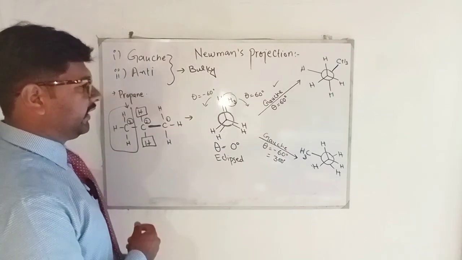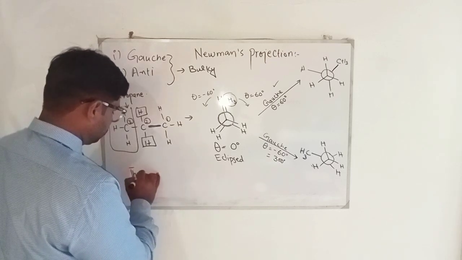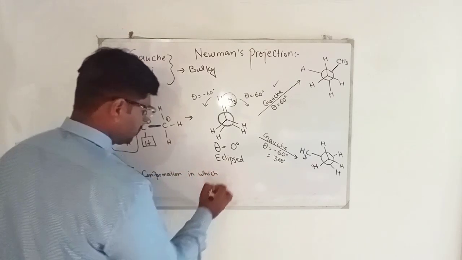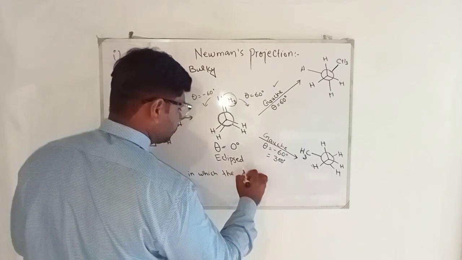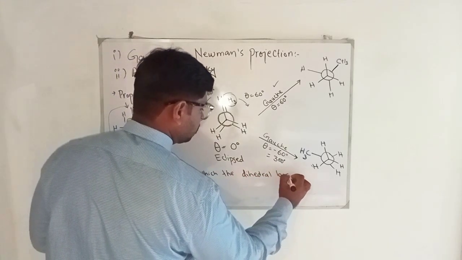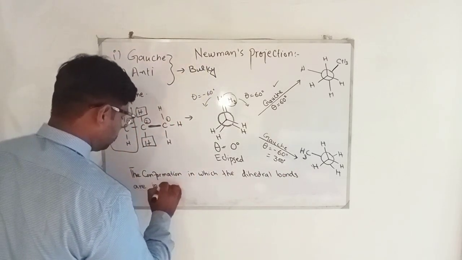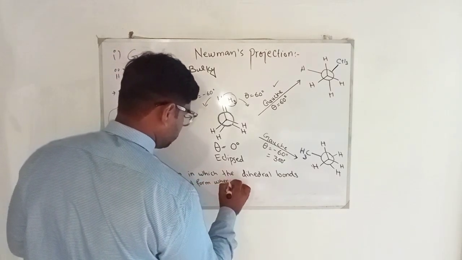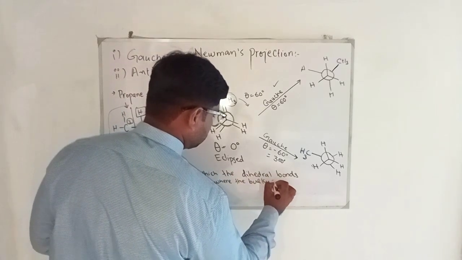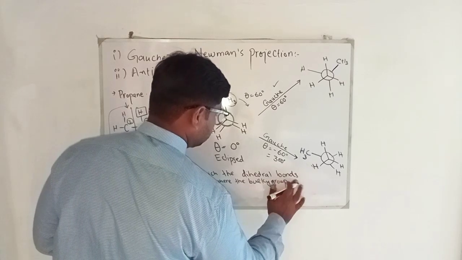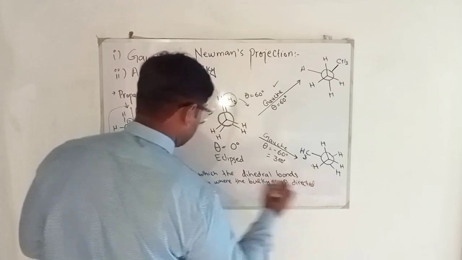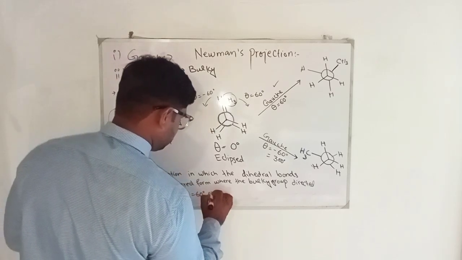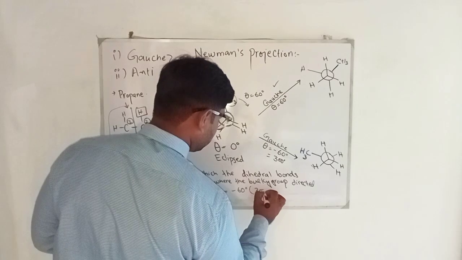You can define the gauche conformation as the conformation in which the dihedral bonds are in staggered form where the bulky group is directed at an angle theta is equal to 60 degrees, or theta is equal to minus 60 degrees, or 300 degrees.